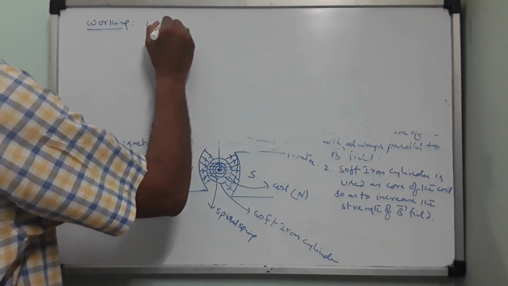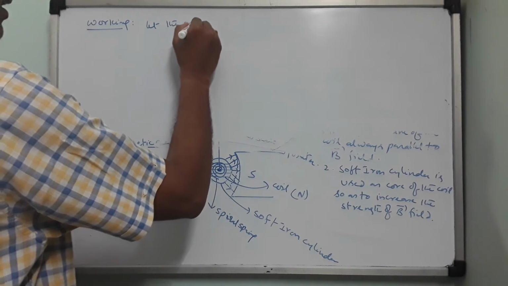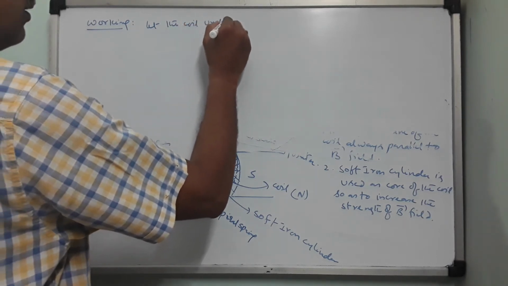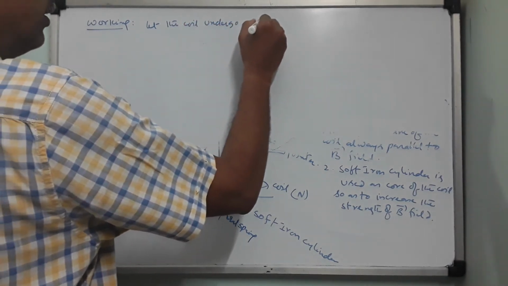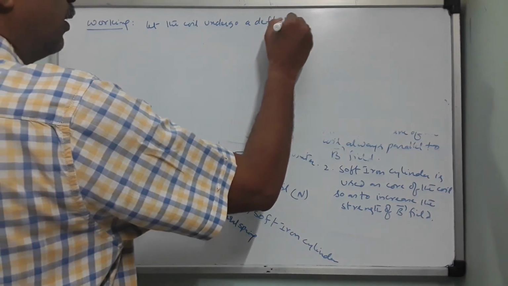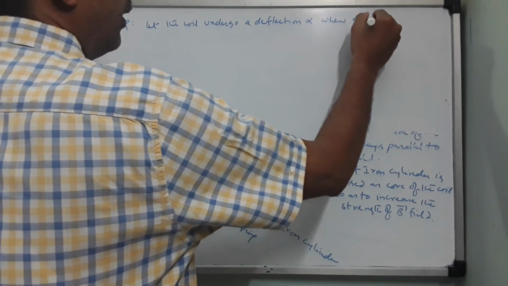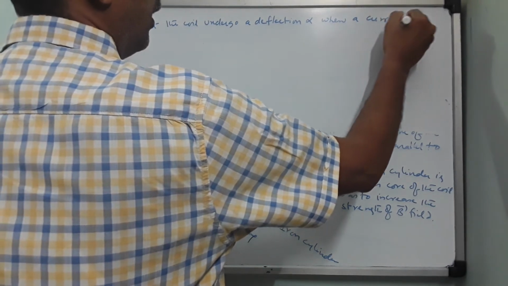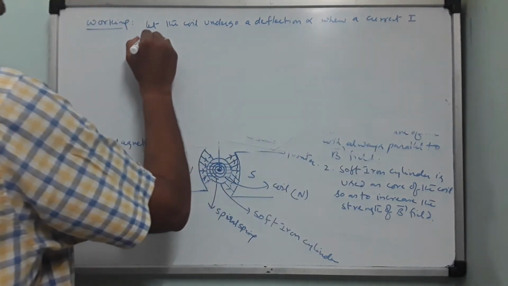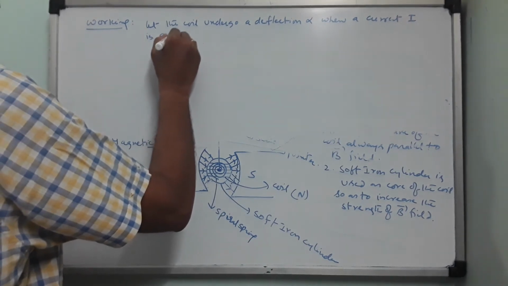Okay, now let the coil undergo a deflection alpha when a current I is passed in it.